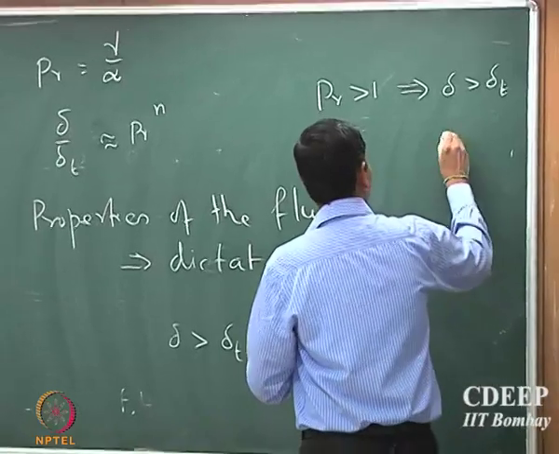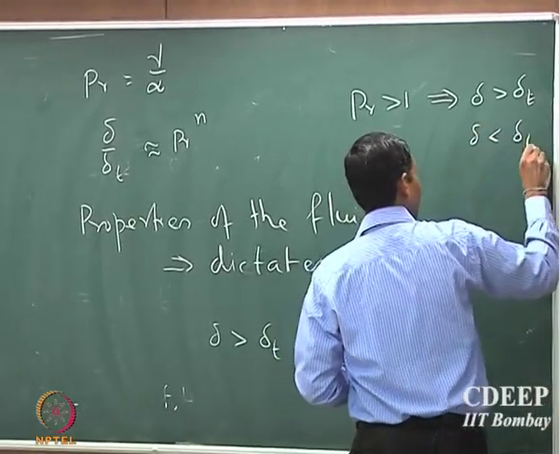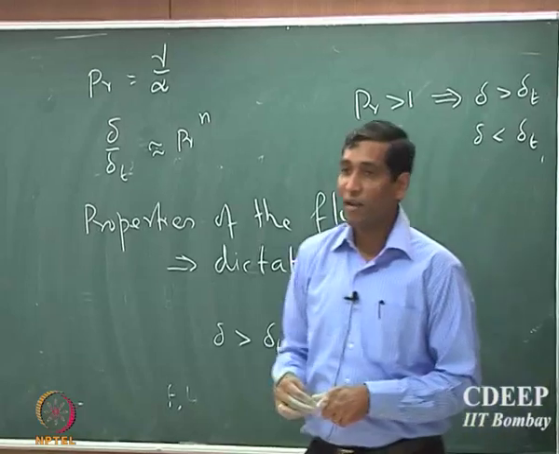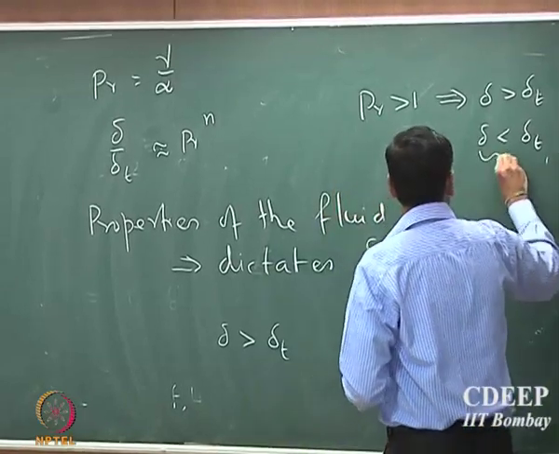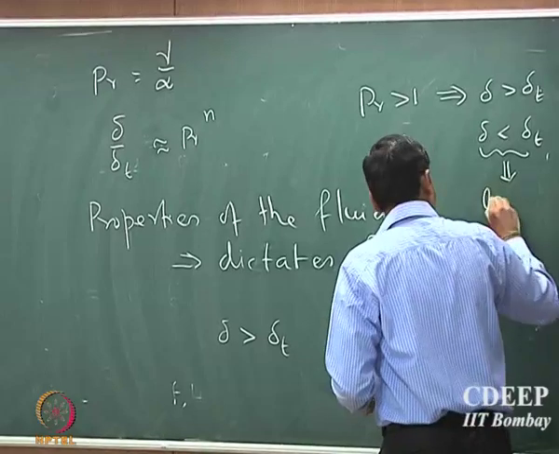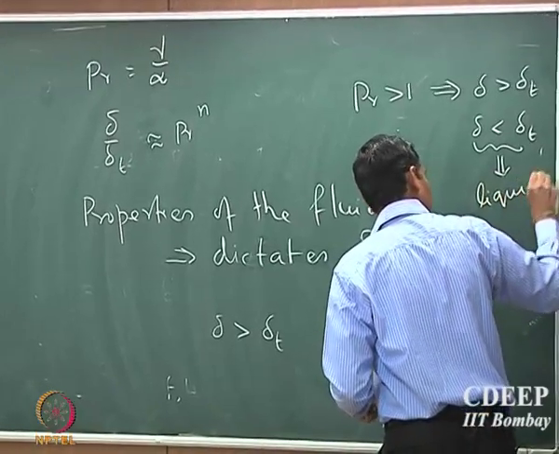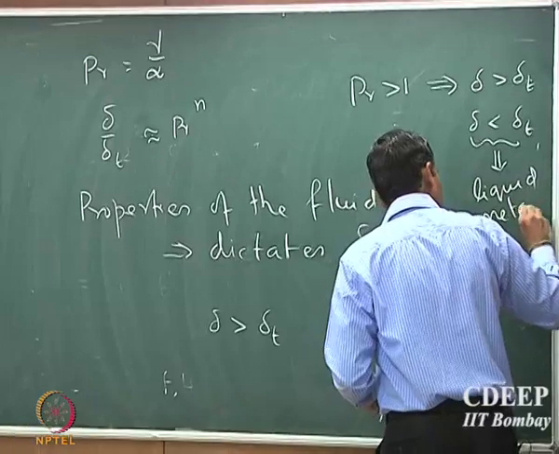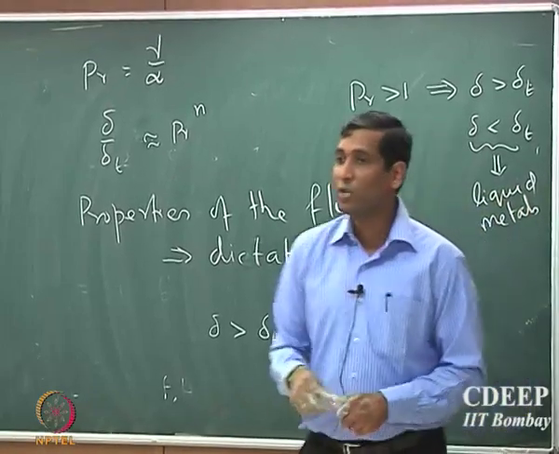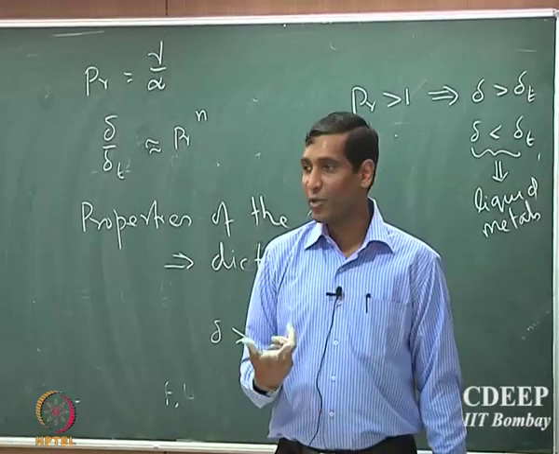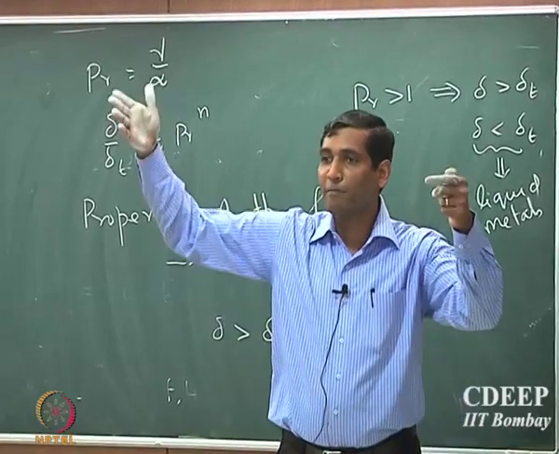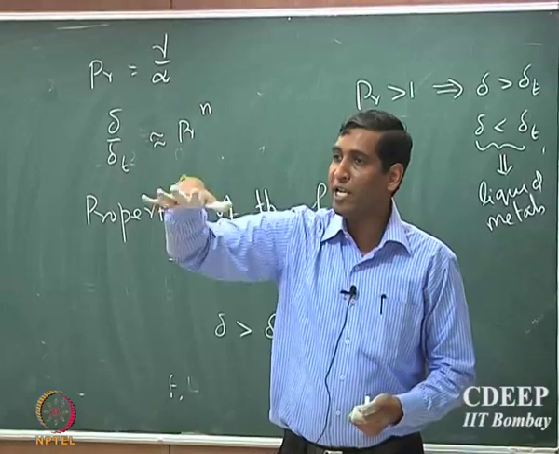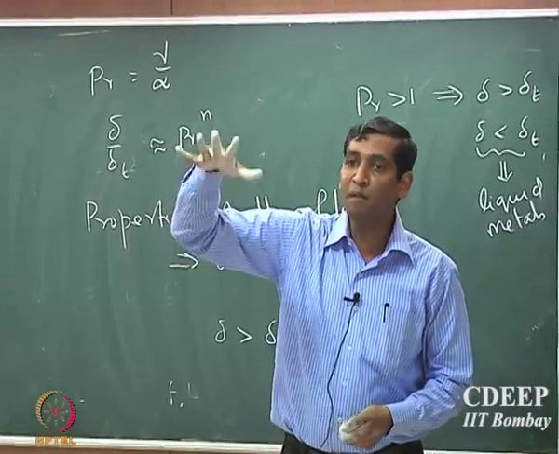Now suppose delta is less than delta T. In fact there are situations where this is the case. This is true for liquid metals. The place where it is used is the way aluminum is extracted: you have a very high temperature process where the aluminum is manufactured in a molten state.